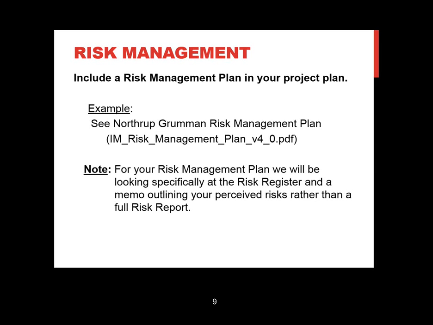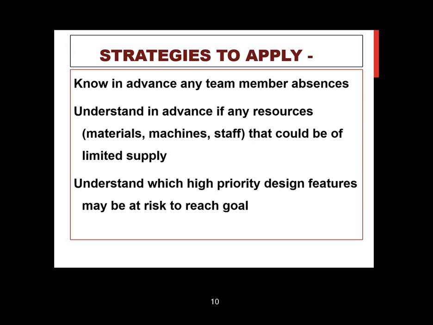And then you're going to write a memo where you're going to outline what you see as your perceived risks in your project, as related to your risk register, or as related to your design FMEA, those items in your design FMEA that look to be significantly at risk. See the assignment for more information as to what that memo should entail.